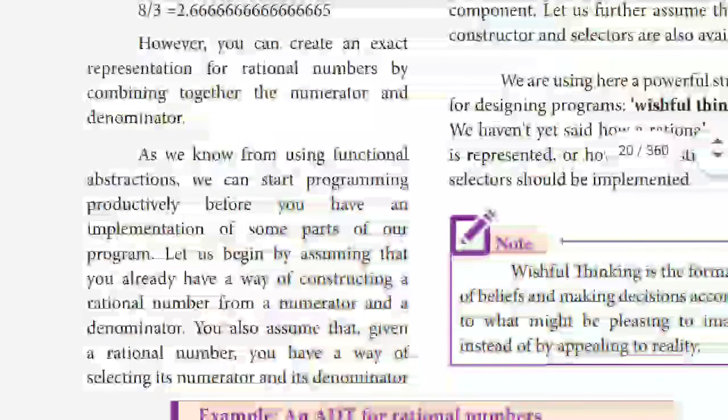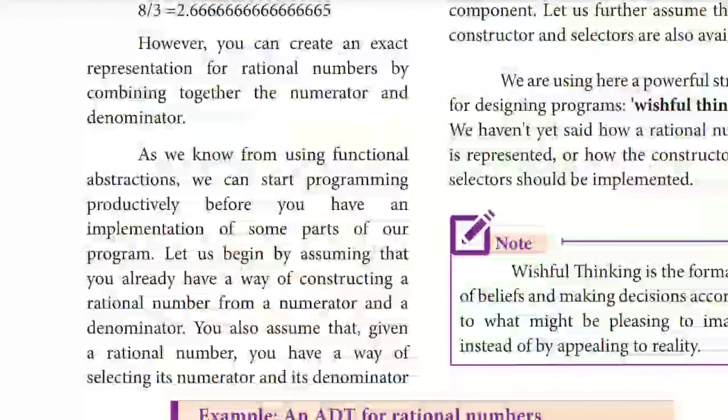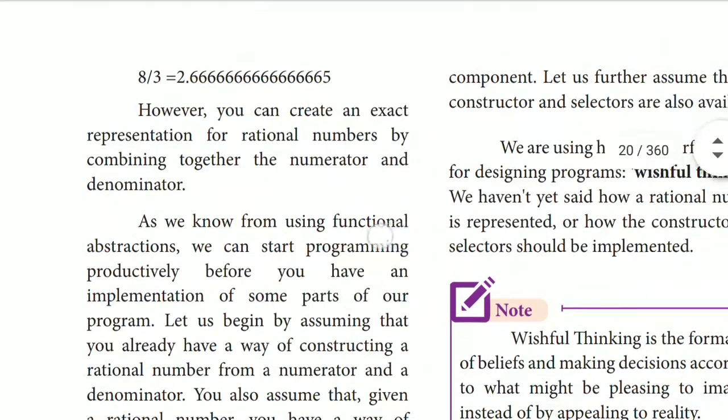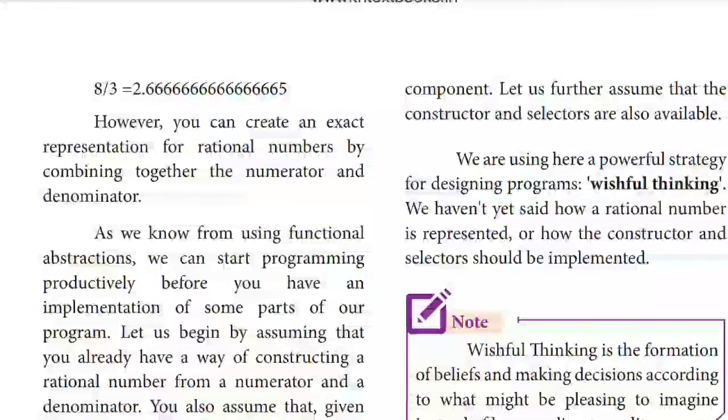However, you can create an abstract representation for rational numbers by combining together the numerator and denominator. As we know, using functional abstraction, we can start programming productively before we have an implementation of some part of our program.